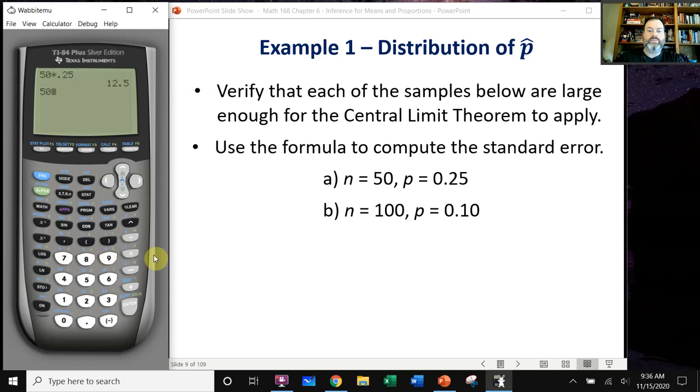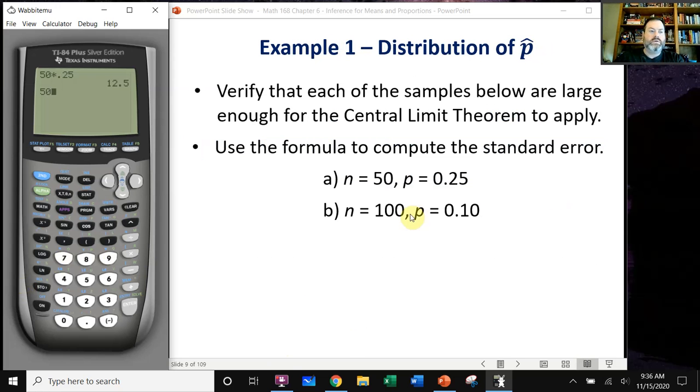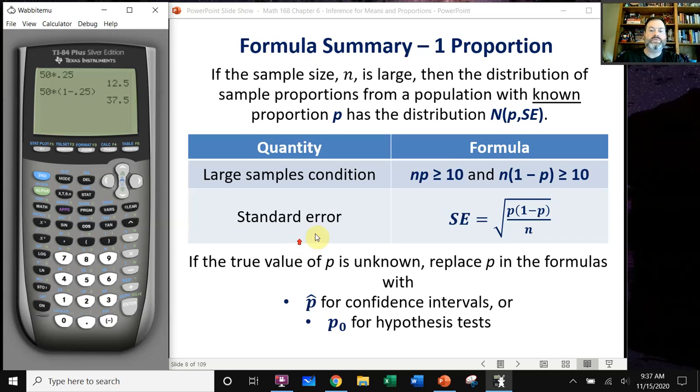Then you do n times 1 minus p, so 50 times 1 minus 0.25, just like that. Also bigger than 10. So because both of these numbers are bigger than 10, our sample is large enough to use this formula. So let's do it.